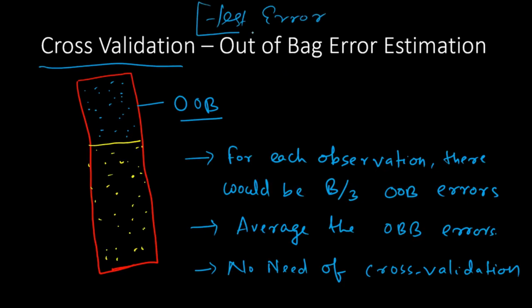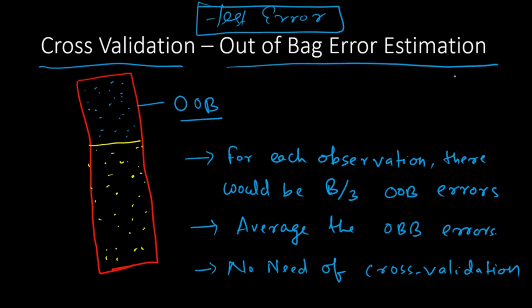That's what we are interested in, because that's what we need to minimize. So we can do that with out of bag error estimation, and you don't have to do it separately in bagging. You can build the model and do the cross validation in one go, at the same time.